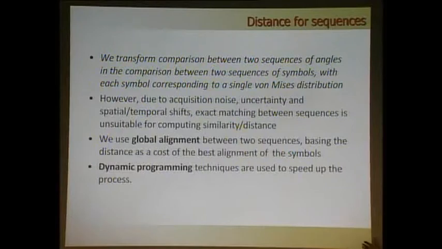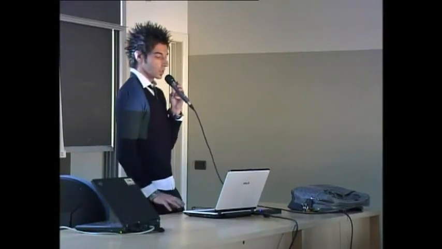These sequences may vary in length, so we need a measure that doesn't strictly depend on trajectory length. So we chose a global alignment technique, borrowed from informatics, used to compare DNA sequences. We also use dynamic programming to speed up the comparison process and obtain real-time performance.